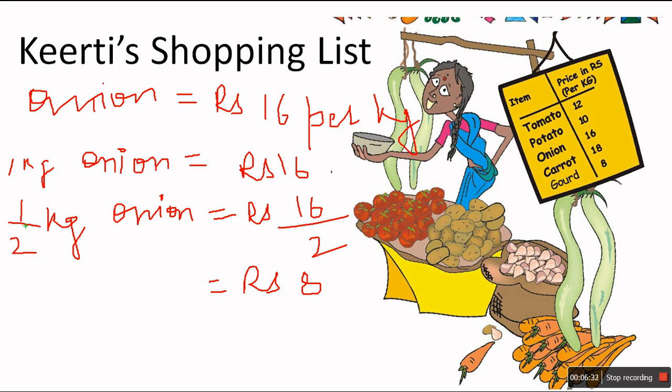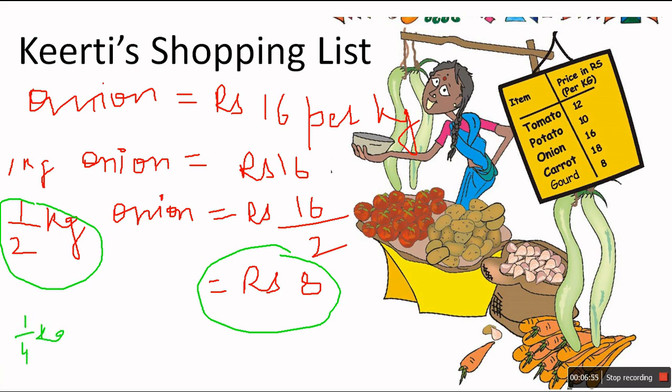So when quantity decreases, price also decreases. In the last example, we saw price increasing with the increase in quantity. Here quantity is decreasing, so price is also decreasing. If I have to purchase quarter kg of onion, I have to divide the rate by 4.